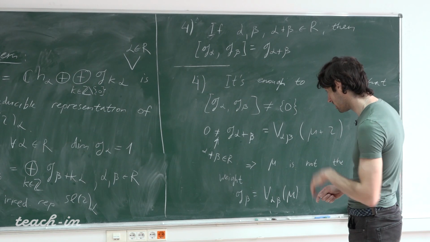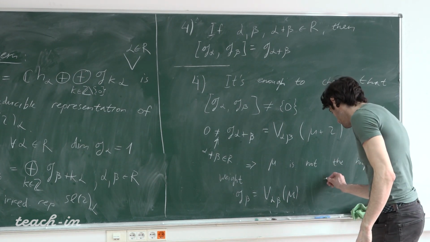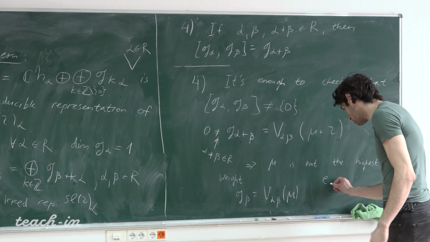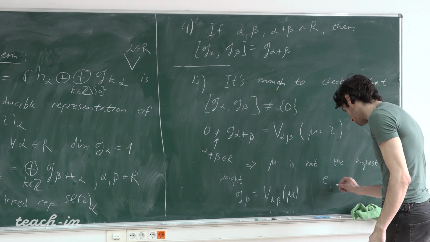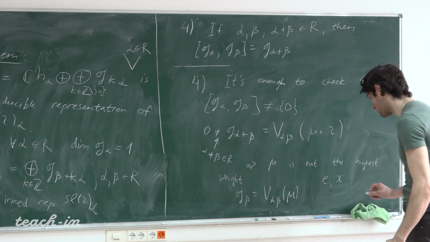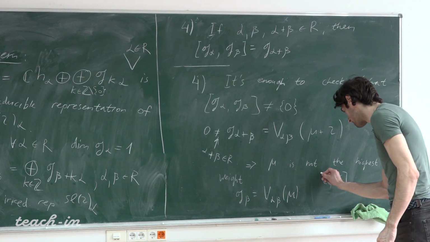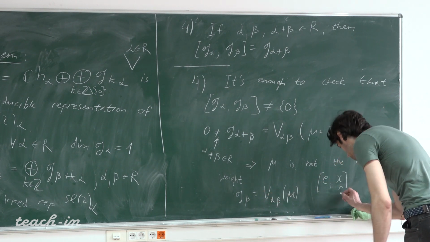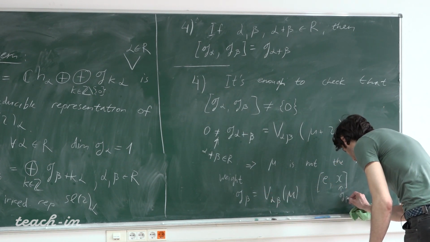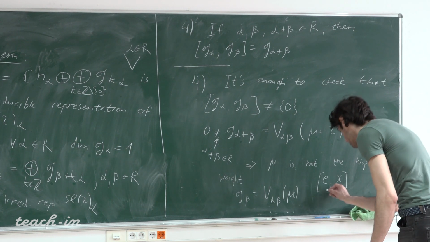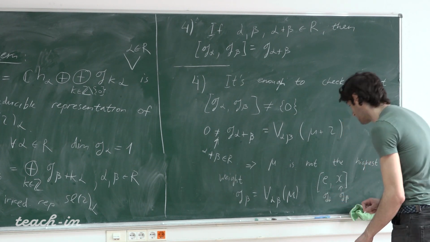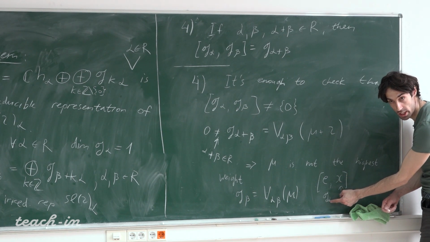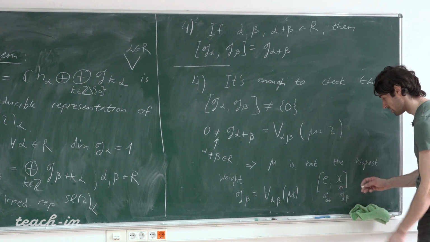So therefore, E with x, where x is in G beta and E is from G alpha, right? So this is my E from the SL2 alpha, therefore it lives in G alpha, right?